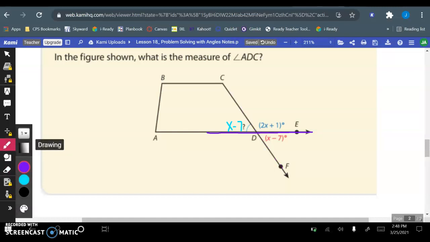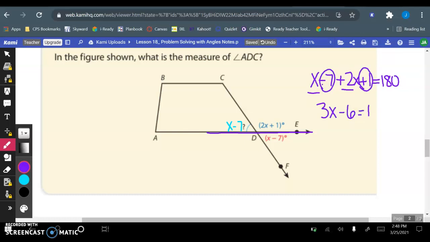Now I know that a straight line is 180 degrees. So x minus 7 plus 2x plus 1 is going to give me 180 degrees because they make a straight line. Now I'm going to put like terms together. x plus 2x is 3x. Negative 7 and positive 1 would be negative 6, equals 180. So I'm going to add 6 to both sides.